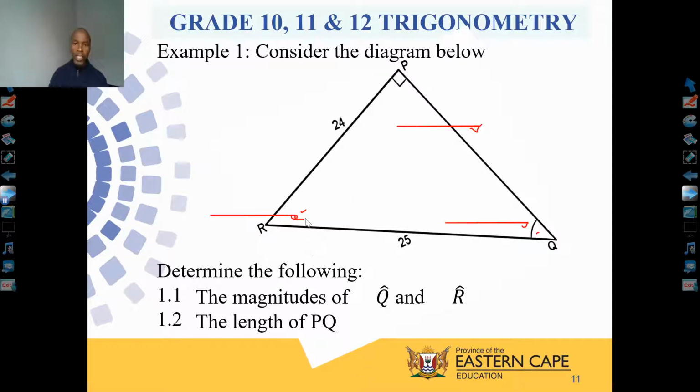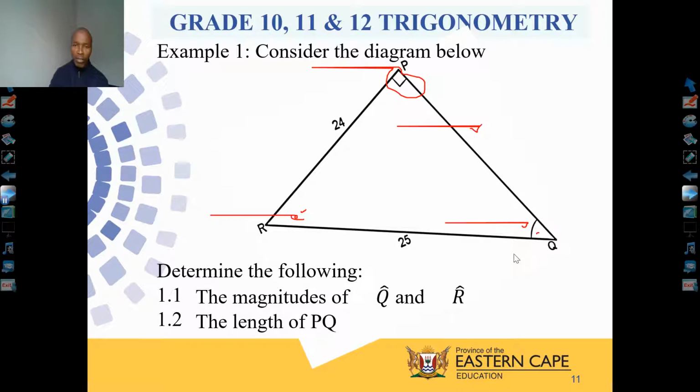So we need to calculate these two angles in this triangle. Remember, we already know that that angle is 90 degrees. That's what makes this triangle a right-angled triangle. Now we have to find these two other angles in that right-angled triangle, right? So I want you to take this one down in your books. You can just draw quickly the diagram, the right-angled triangle, and put 24 and 25.